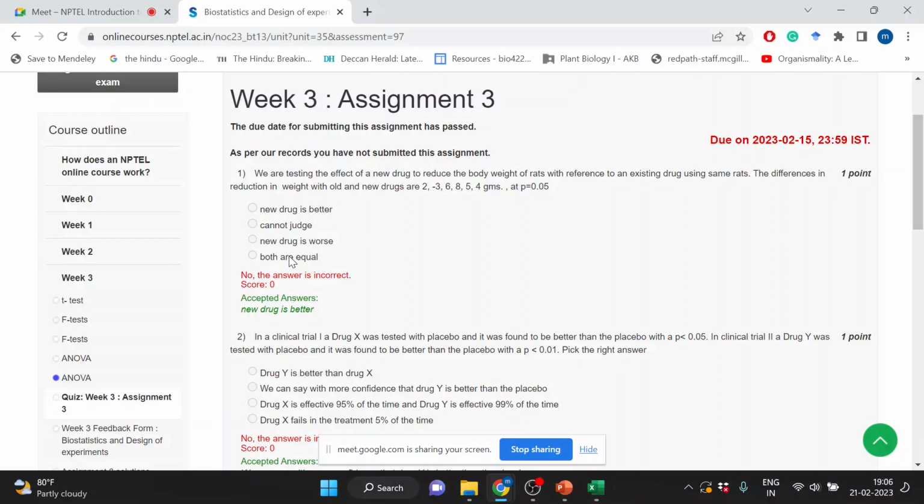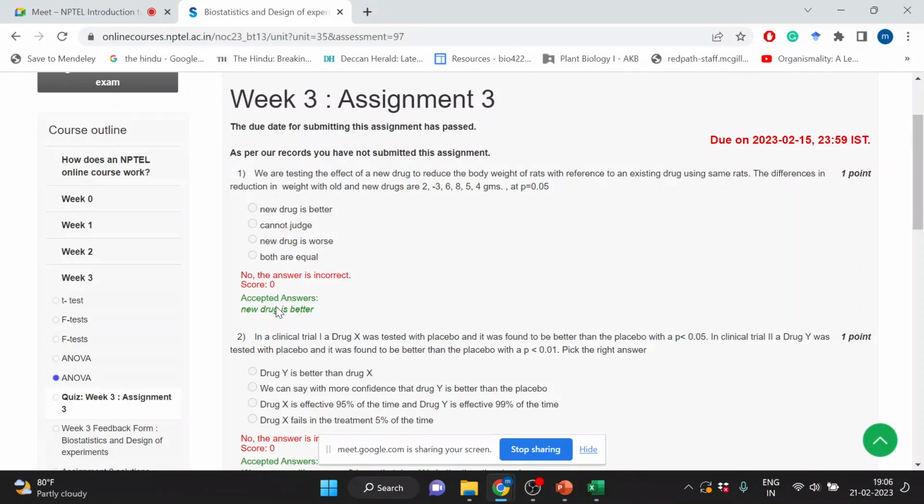But the answer is new drug is better. If your p-value is greater than 0.05, then you fail to reject your null hypothesis, which means both are equal. So this is correct; new drug is better is not correct.